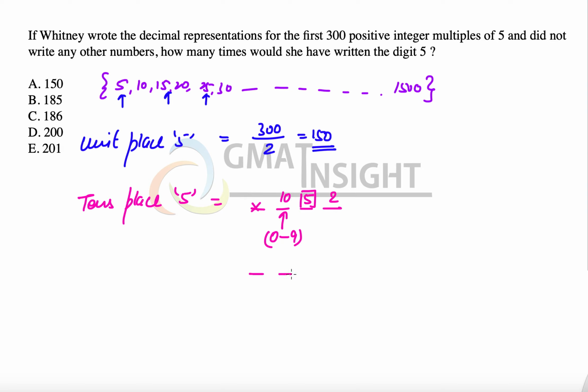Let us also consider the case where we get a 4-digit number. Then the leftmost place can be filled by only one digit, that is 1, while the next place can be filled by 0, 1, 2, 3 and 4, because we have to find the numbers which are less than or equal to 1500.